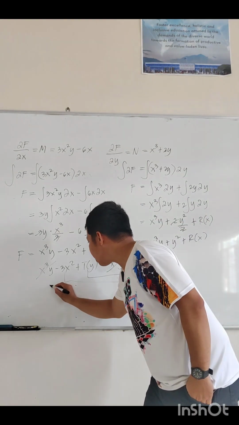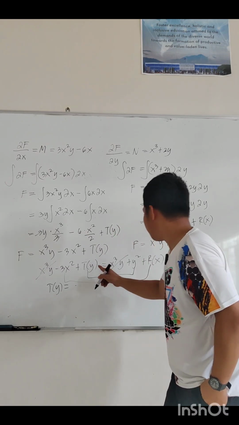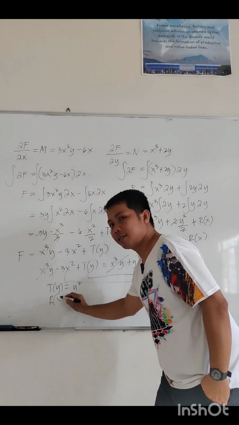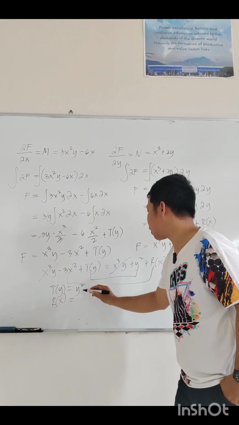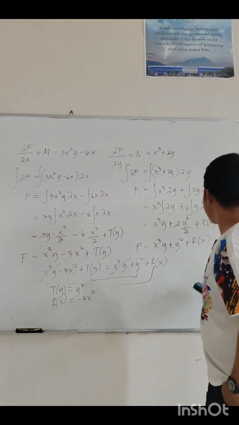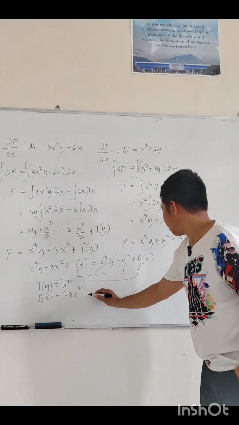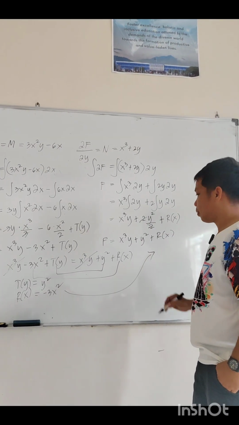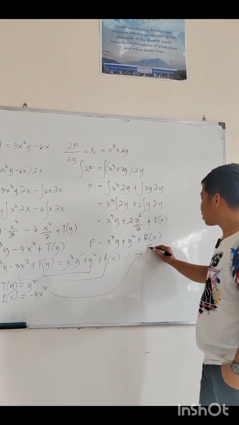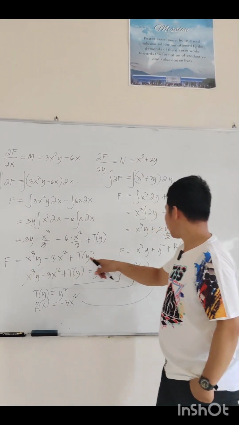So, meaning, si t of y is equal to what? T of y is y squared, and r of x is equal to what? Negative 3x squared. So, anong ibig sabihin yan? This means that the solution is, pwede mong gamitin itong f na to, or pwede din ito.